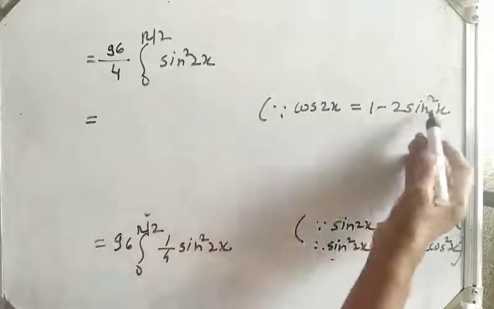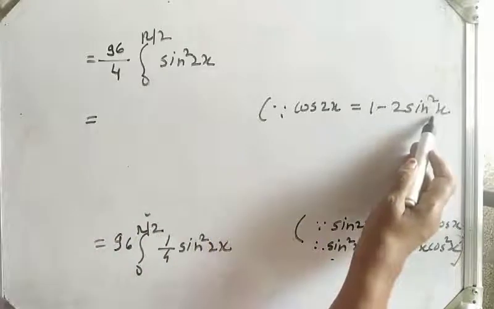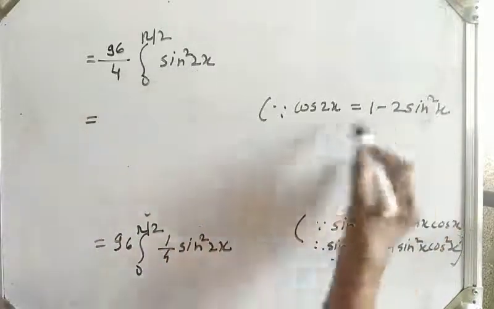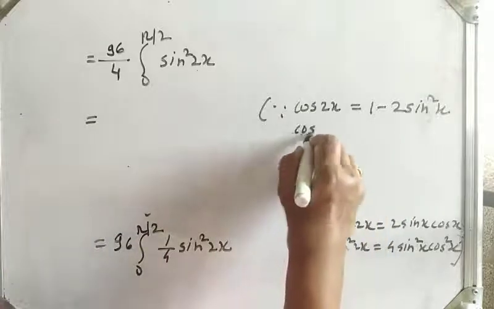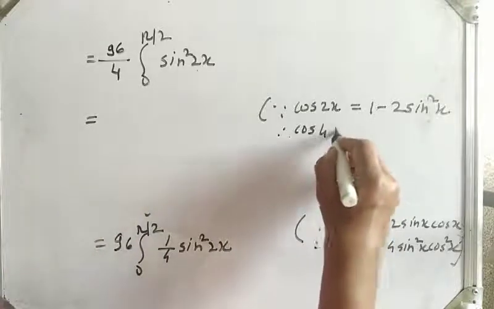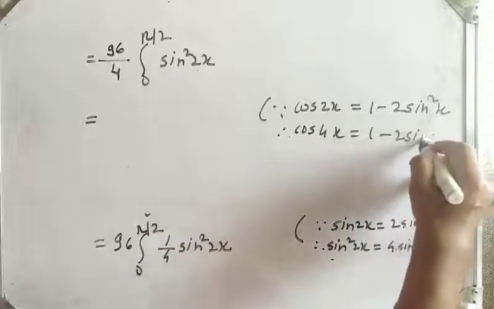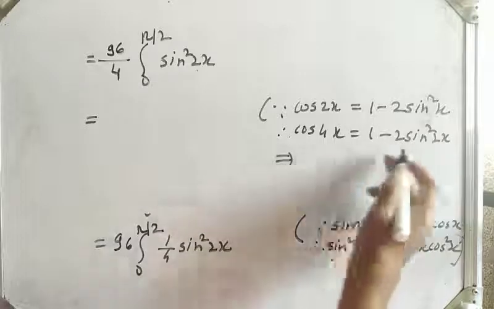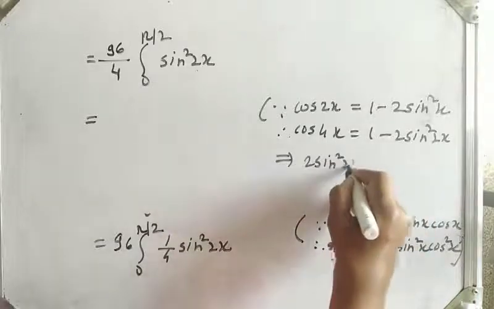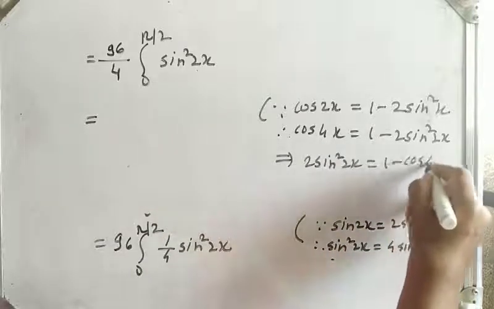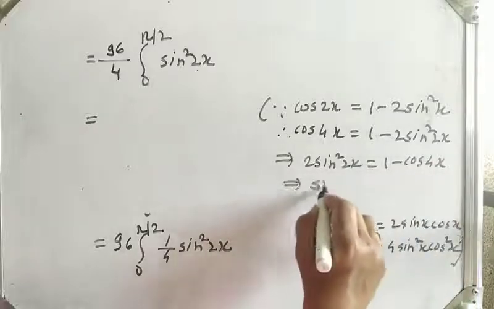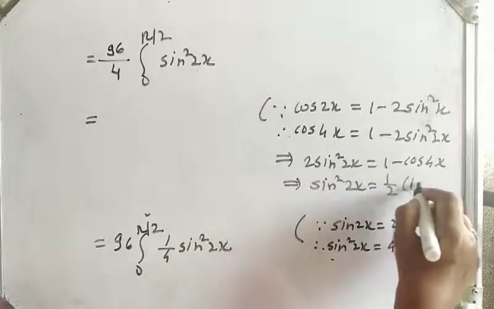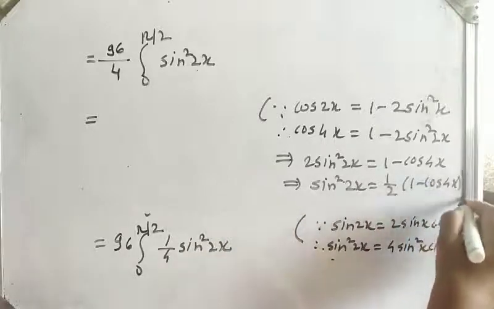Here the formula is for sin square x, but we want sin square 2x, so let us double the angle. Therefore cos of 4x will be 1 minus 2 sin square 2x. So from this, 2 sin square 2x is equal to 1 minus cos 4x, and sin square 2x will be 1/2 (1 minus cos 4x).